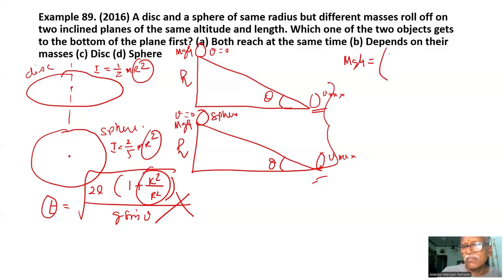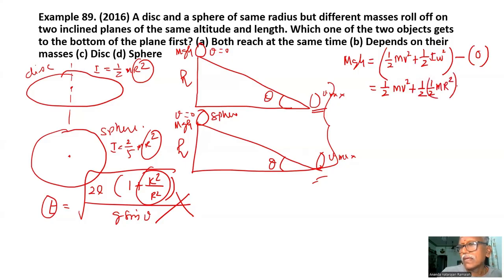Therefore, the change equals half m v square plus half I omega square, minus 0, because initially the velocity is 0. I for disk equals 1 by 2 m r square, and omega equals v by r, whole square.